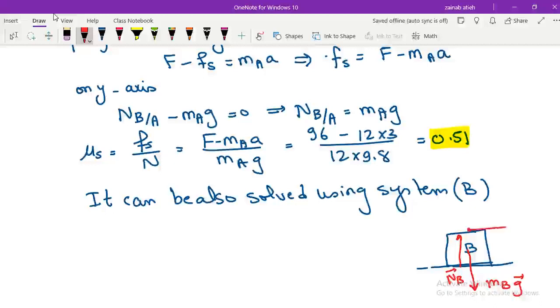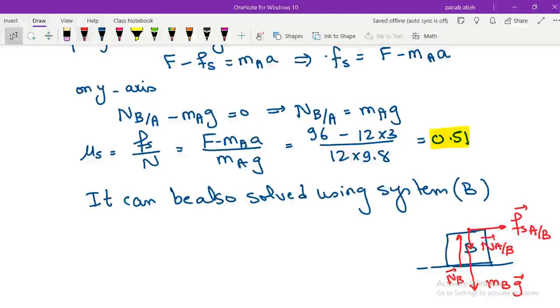It will be forward. This is Fs exerted by A on B, because Fs exerted by B on A was backward. The N exerted by B on A was upward. So N exerted by A on B is downward.